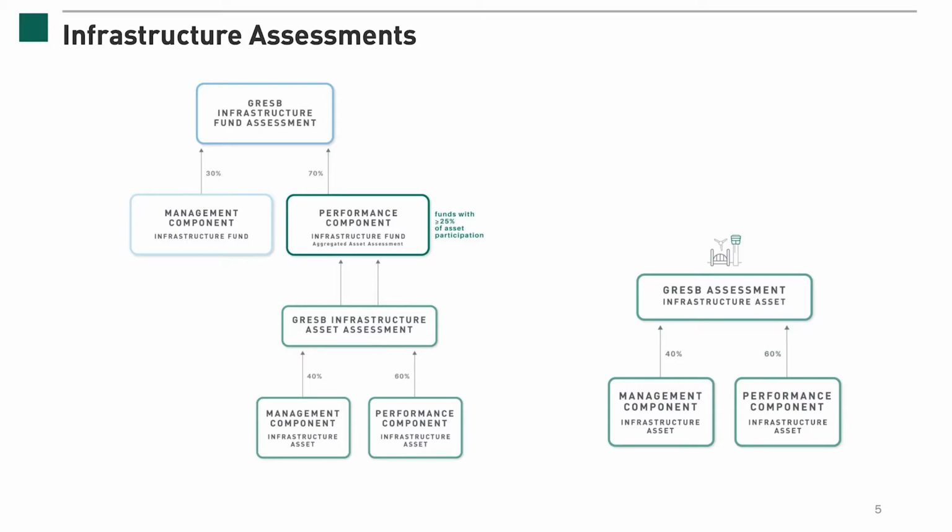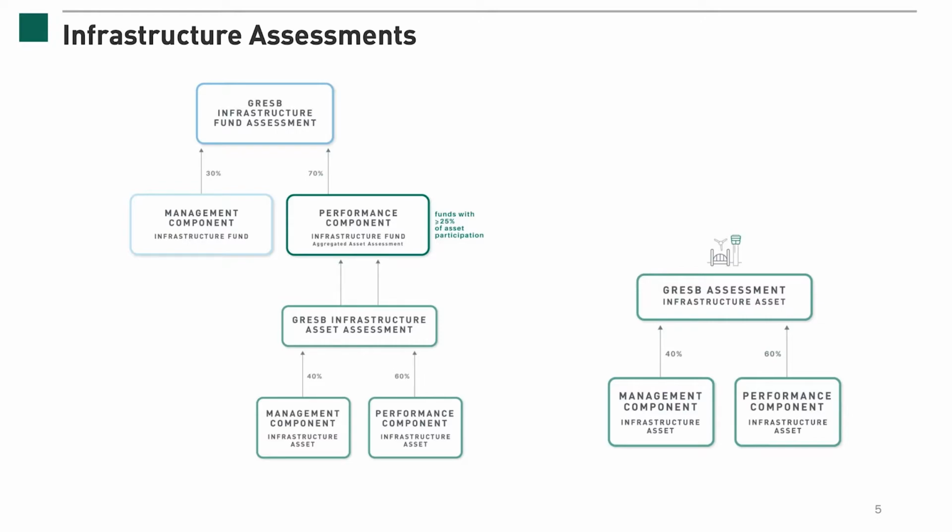Both the fund and asset assessments consist of management and performance components. But it is important to note that a fund does not complete a performance component itself. Instead, the underlying assets of the fund comprise this. If more than 25% of the fund's underlying assets complete the infrastructure asset assessment, the scores of these assets are averaged and the fund will obtain a performance score.